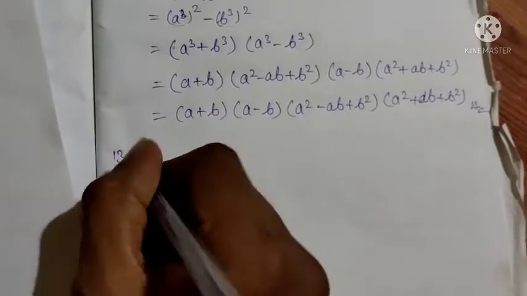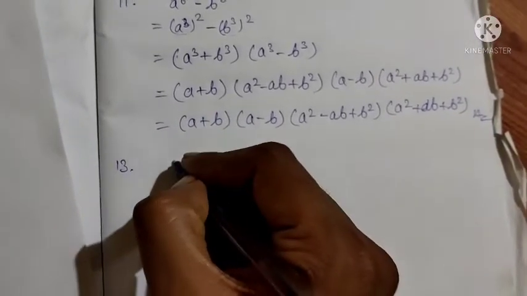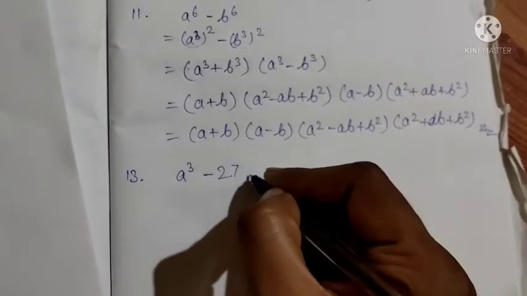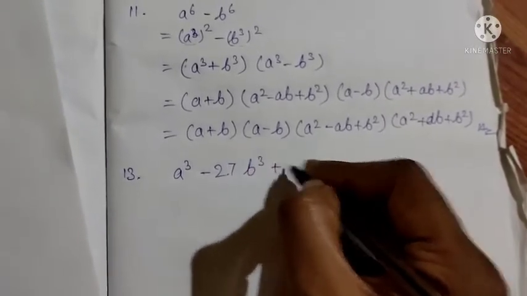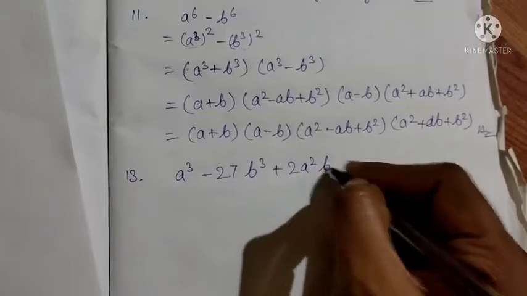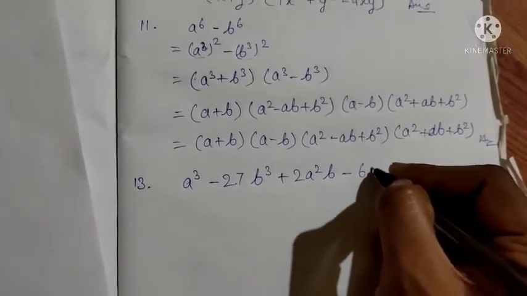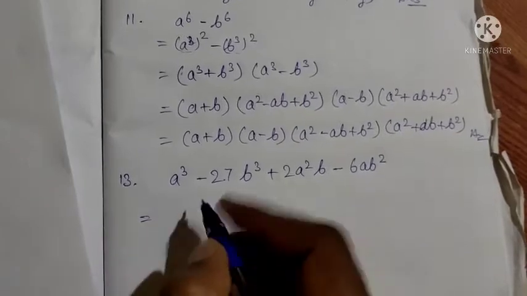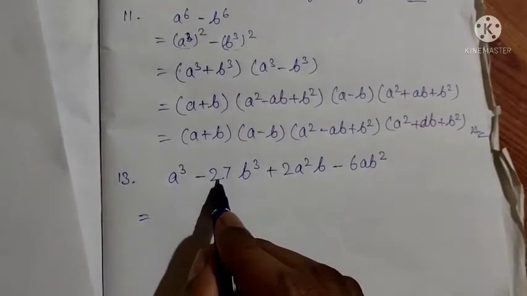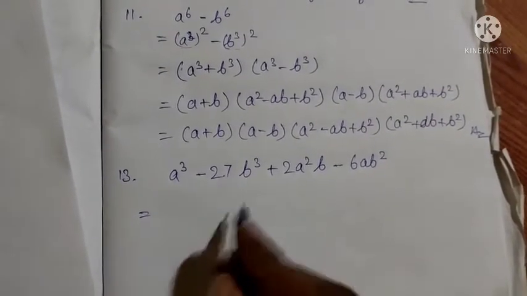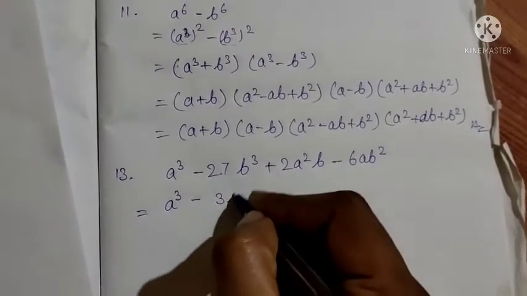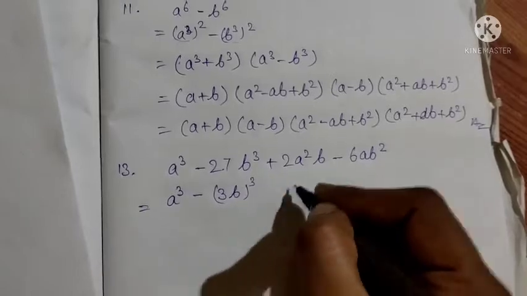Question number 13 is a cube minus 27 b cube plus 2a square b minus 6ab square. Now as we know that 27 is the cube of 3, so we can write it as minus (3b) whole cube.